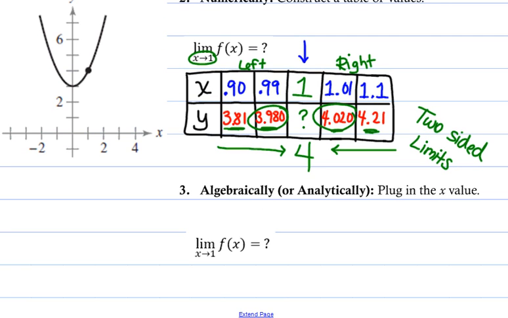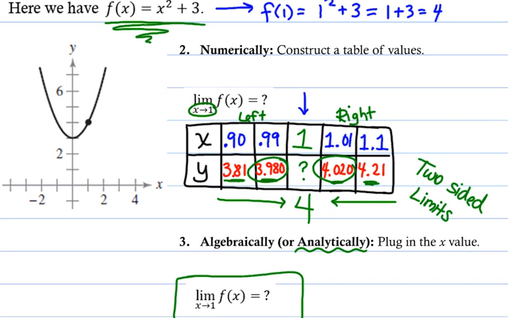Number 3, algebraically, or also analytically. This is just using algebra, stuff you already know. That is when you're actually able to, because you can't always use algebra. All you have to do is plug in the x. There are other techniques that involve more math, but that'll be the next section. So plug in the x value. The limit as x approaches 1 of f of x equals, all right, I kind of already did this, didn't I?